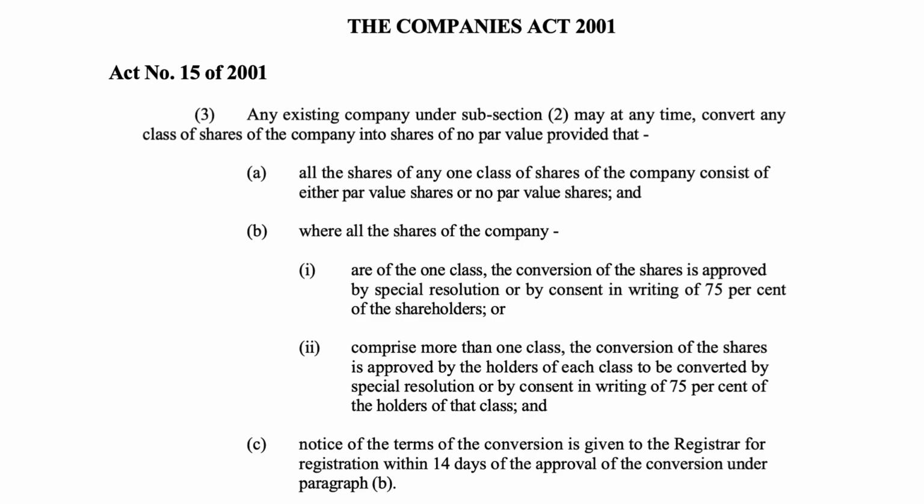Or number 2, comprise multiple classes, the conversion must be approved by the holders of each class to be converted by a special resolution or by written consent of 75% of the holders of that class. And C, notice of the conversion terms is provided to the Registrar of Companies for registration within 14 days of the conversion approval, outlined in paragraph B.